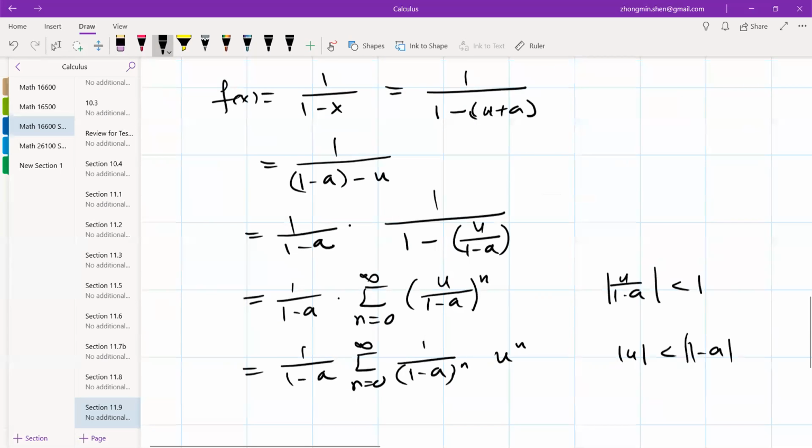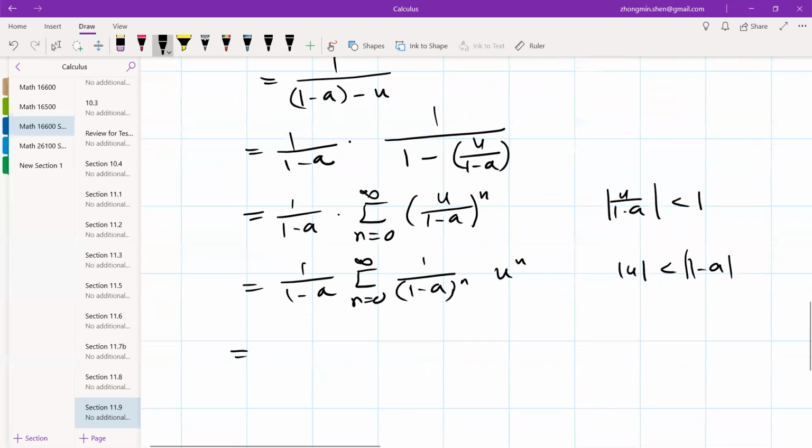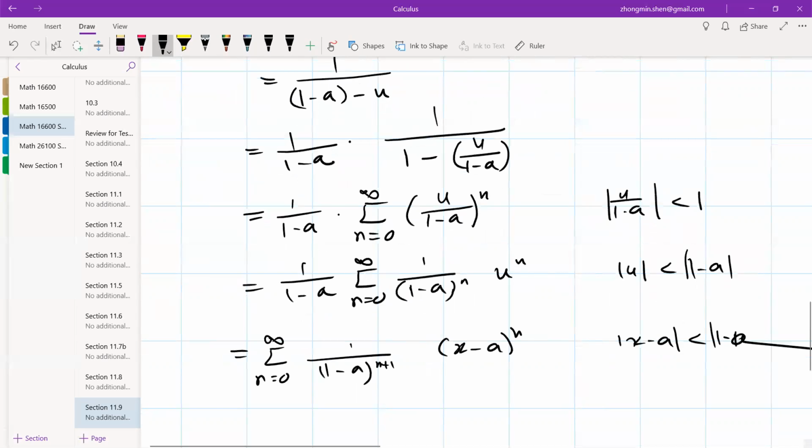All right, so let me rewrite this again. And u is x minus a to the power n, and |x minus a| is less than |1 minus a|. Yes, it's less than R. Let's say R is going to be the absolute value of 1 minus a. All right, so that's it.